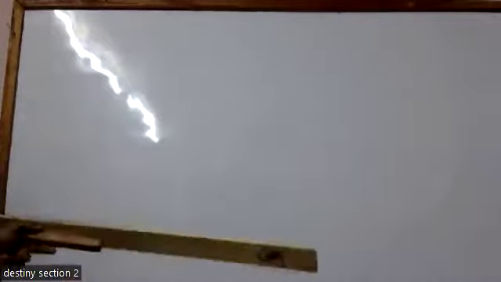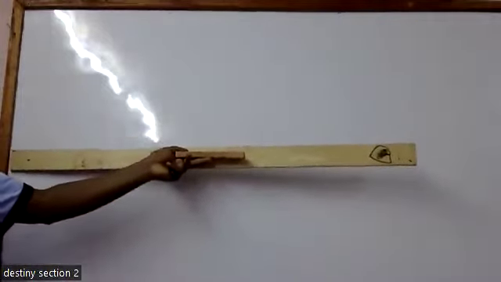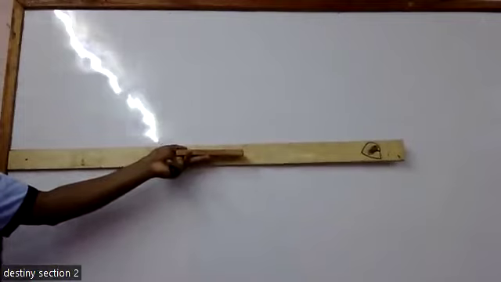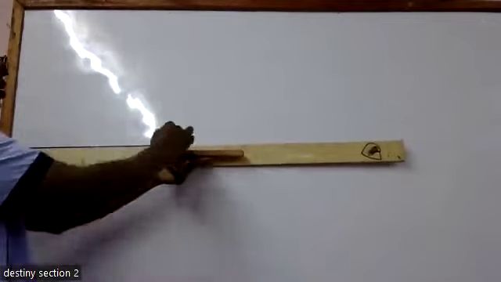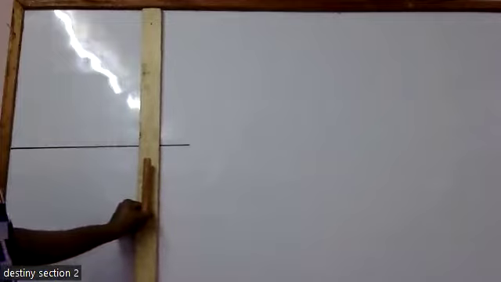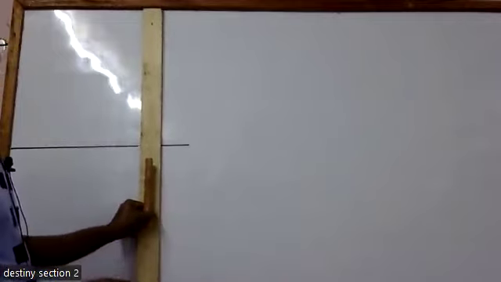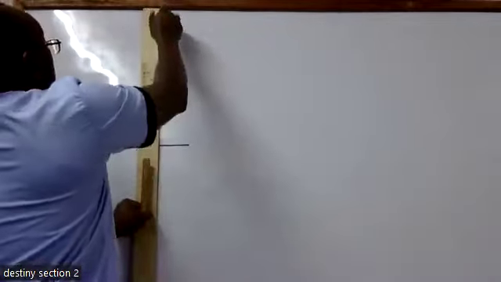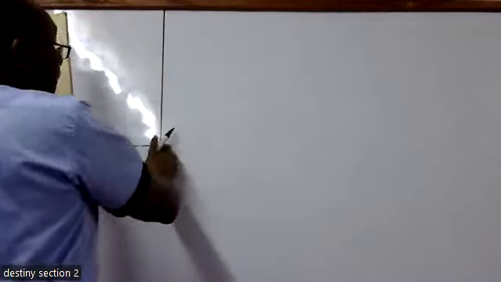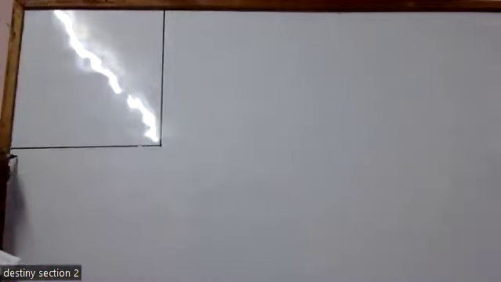So the economic order quantity, Roman 1, you begin by writing the formula.